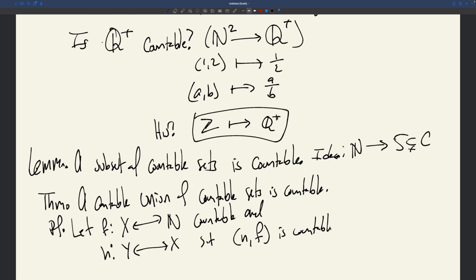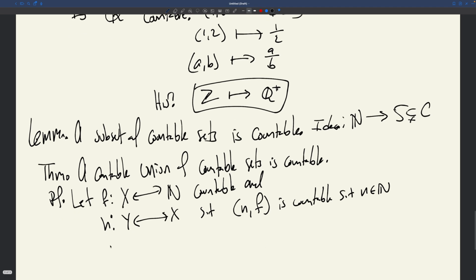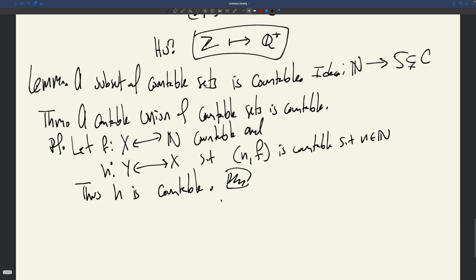I don't know why I did this in my specific proof, such that N is within the naturals. Thus, H is countable. I think I kind of rushed through this part. Maybe I was running out of time when I was writing this over multiple days.